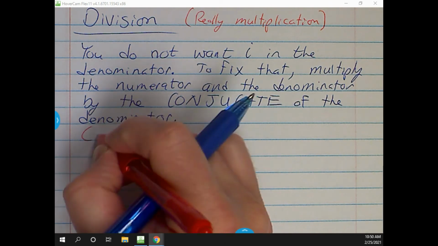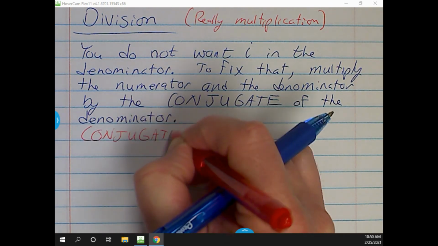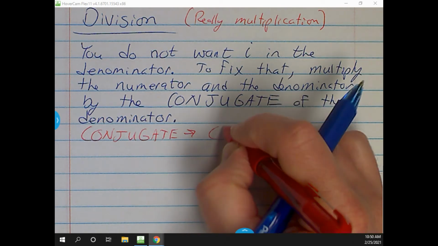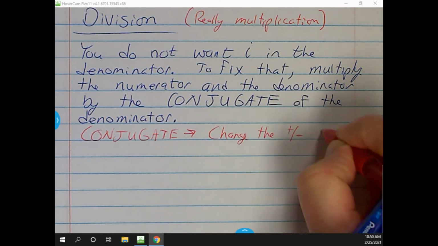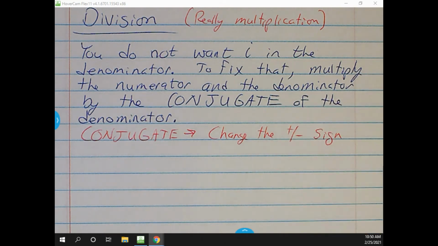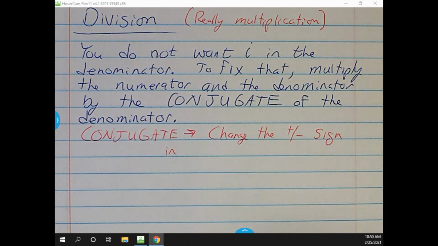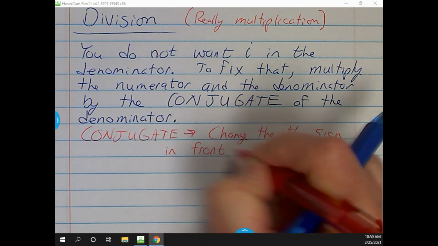All that you have to worry about for the conjugate, now, if we're talking about imaginary numbers, we'll put it this way: you just change the plus or minus sign. Basically it's in the middle, but for this part of it, we'll say that's in front of the i term.